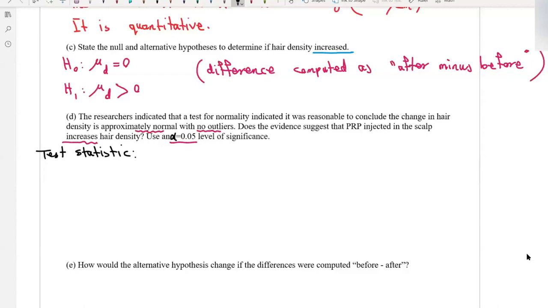So step 1 is on top, where I have the null and alternative. Step 2 is alpha is 5%.